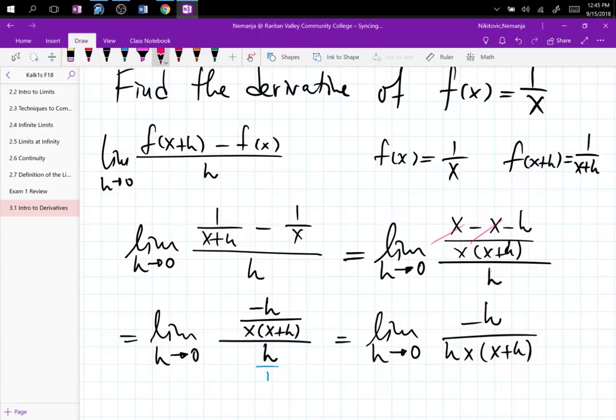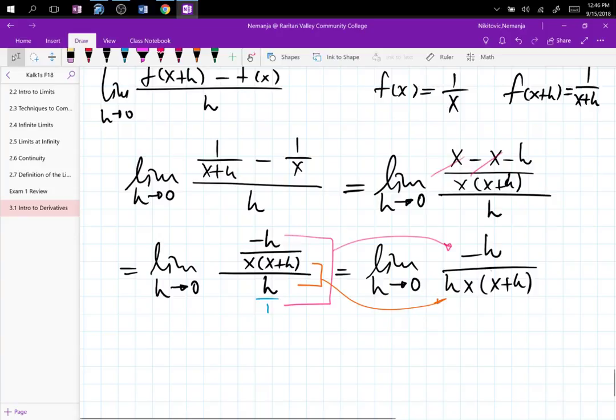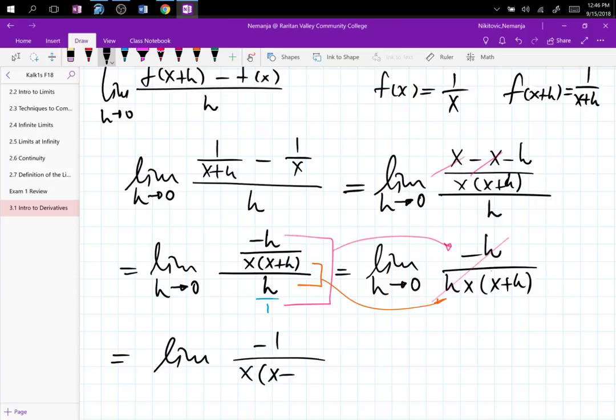To deal with the double fraction, the two that are far apart multiply on top, and the two that are close by multiply on the bottom. That's the double fraction standard. So now h will cancel h, and you will have the limit of negative 1 over x plus h as h goes to 0.